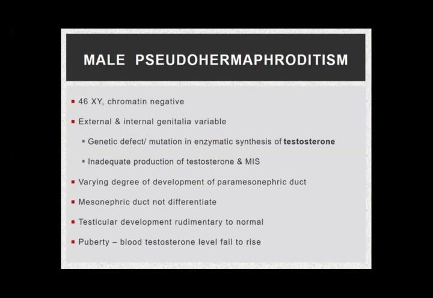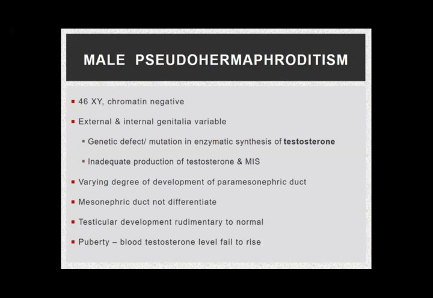As a result, there is inadequate production of testosterone, also Mullerian inhibiting substance. In दोनों levels जो हैं, they are inadequate. As a result, Mullerian inhibiting substance, if you remember, acts on the paramesonephric ducts and suppresses the paramesonephric duct.